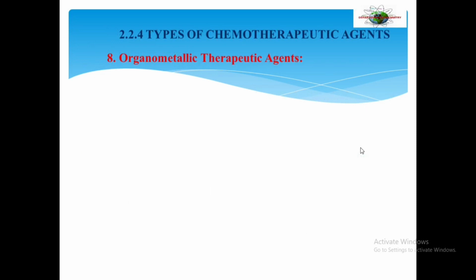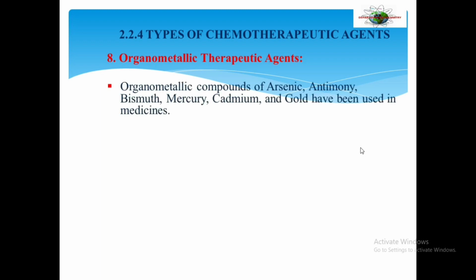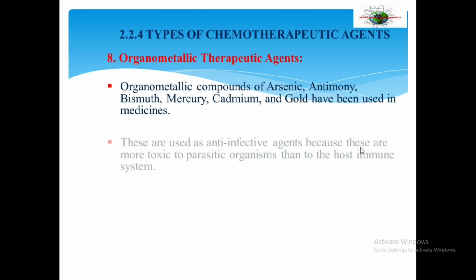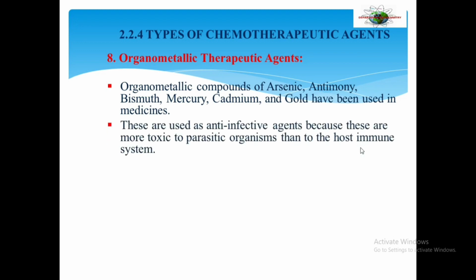The next type of chemotherapeutic agents are organometallic therapeutic agents. Organometallic compounds of arsenic, antimony, bismuth, mercury, cadmium, and gold have been used in medicines. These are used as anti-infective agents because they are more toxic to parasitic organisms than to the host immune system.